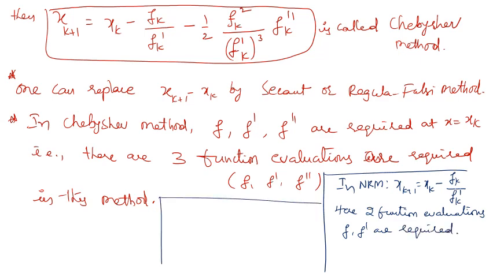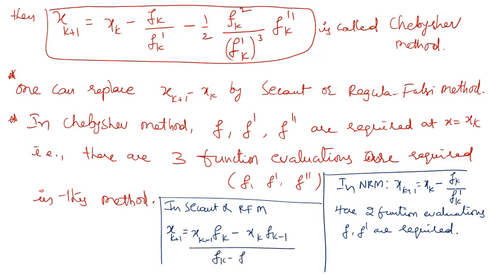Next, in the secant method or RFM, regula falsi method, what is the formula? Xk plus 1 is equal to xk minus xk minus xk minus 1 times fk, whole by fk minus fk minus 1. Which functions are required here?